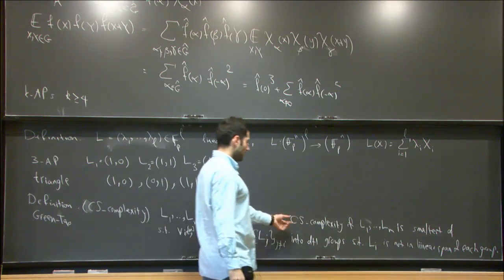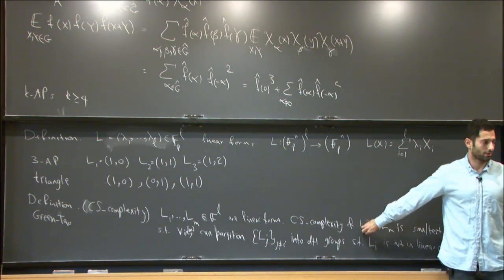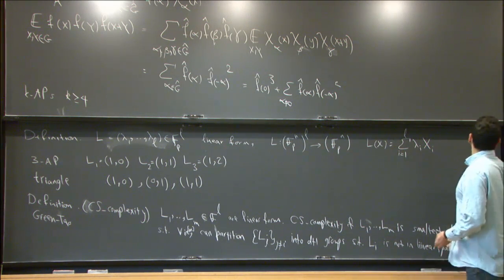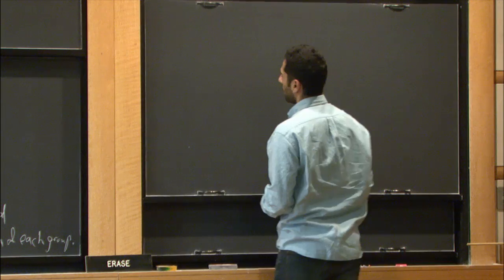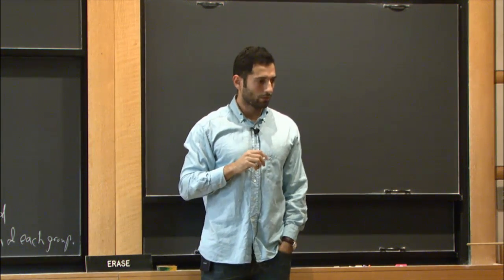And the motivation for this is that you can actually use repeated Cauchy-Schwarz to prove something about these linear forms. So this is still F_p to the n. F will be F_p for the rest of the talk.